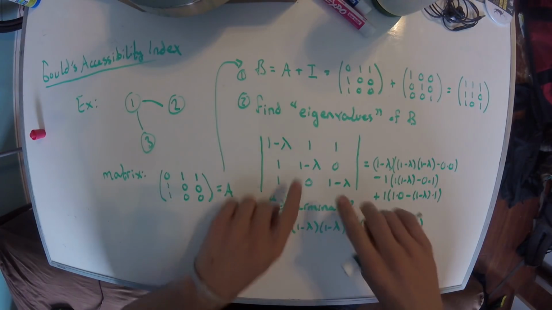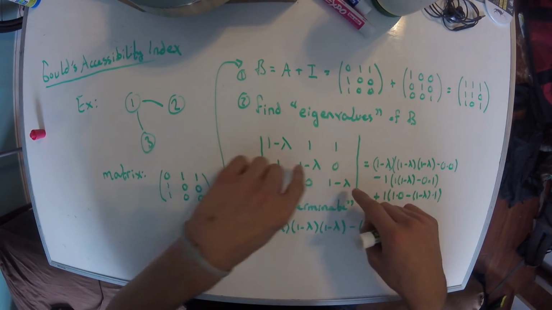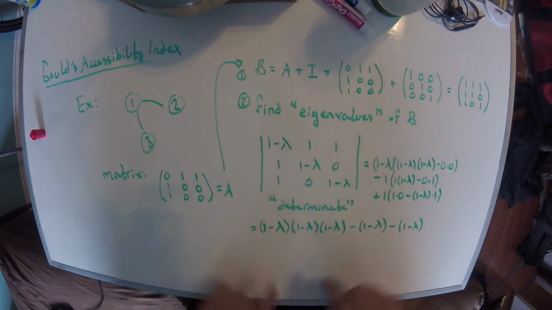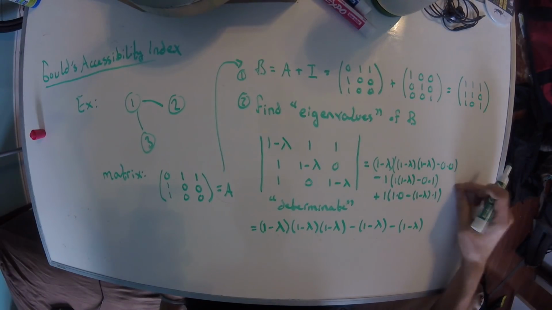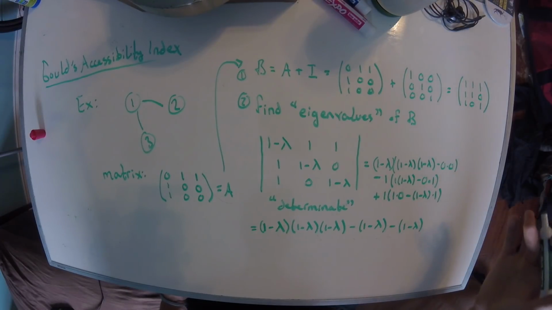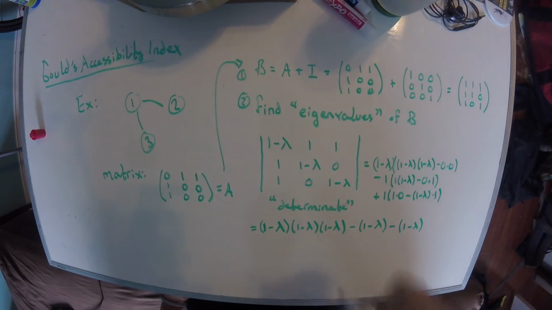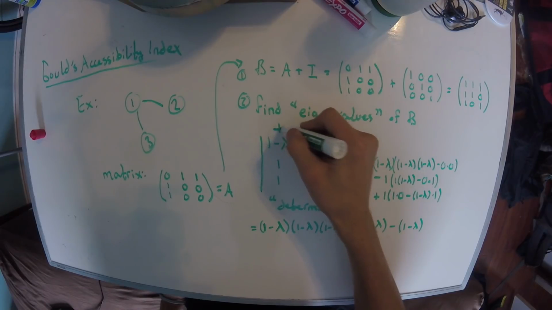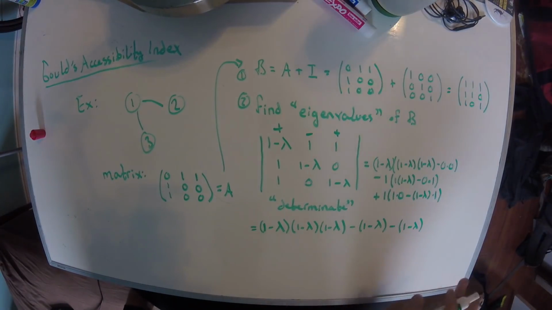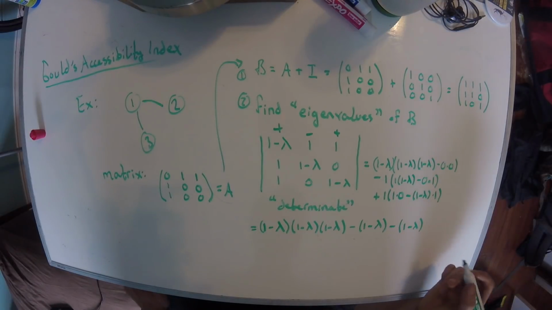So it was like this times this minus this, and this times that minus that, and so on. With this plus minus plus scheme, again, plus minus plus. I'm just going to put that there as an extra reminder. Again, do not try to memorize this by any means.